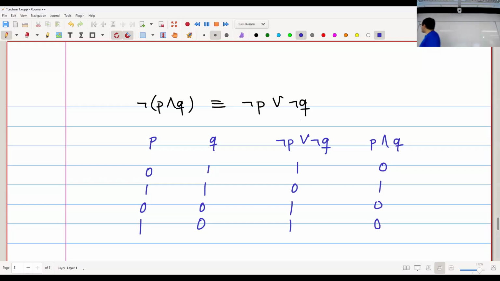And as you see, these two columns are exactly the negation of each other. Okay. So if I have not of P and Q, I will have 1, 0, 1, 1. And then this column is the same as this column. So these two statements are basically equivalent.